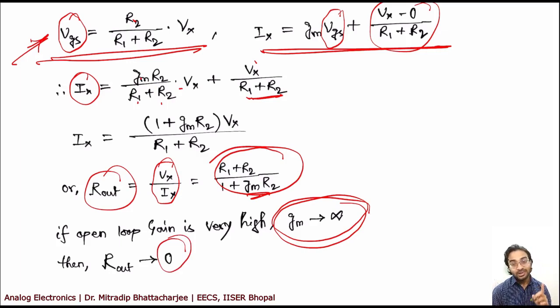So whatever assumption or characteristics I said previously, it still holds in the case of an inverting amplifier. Your output resistance is low, input is high, but in all these cases we have considered GM to be very high, almost tending to infinity. So this is the condition where things are as we say.